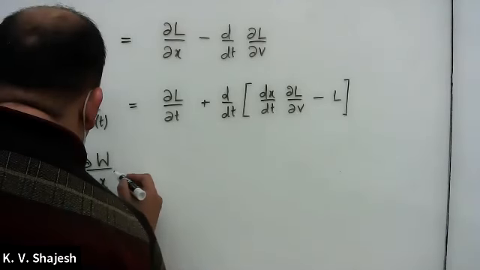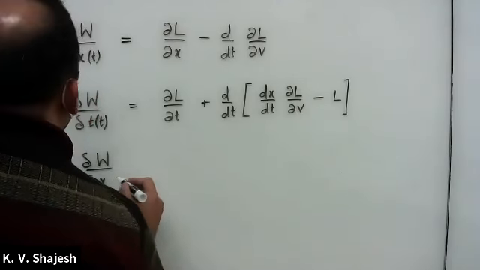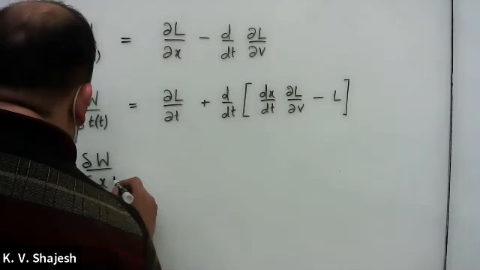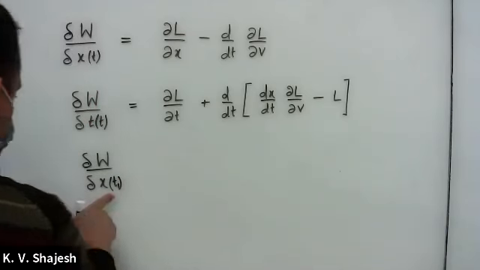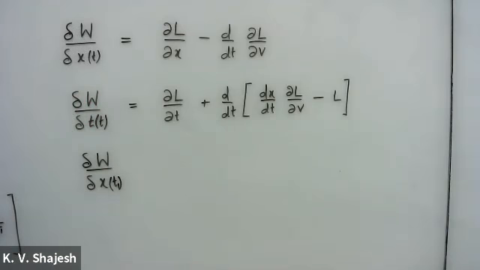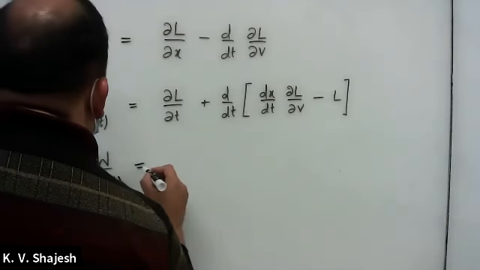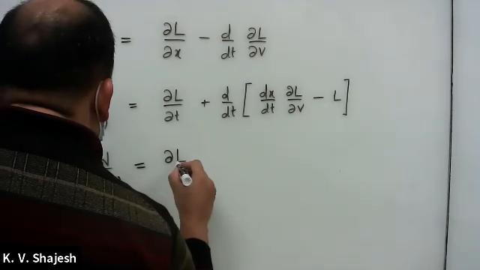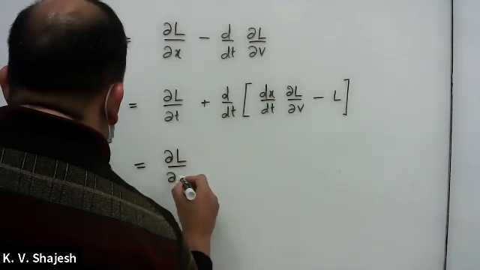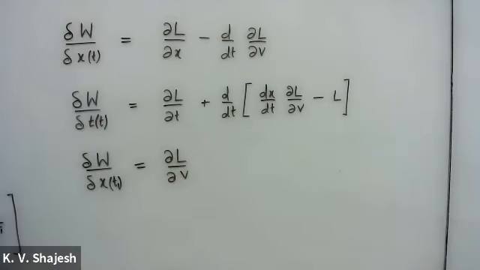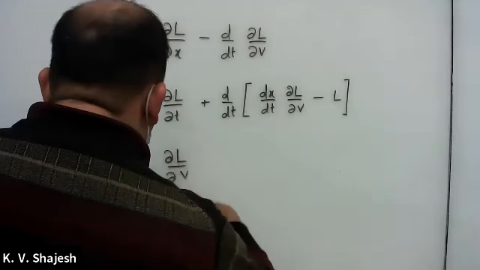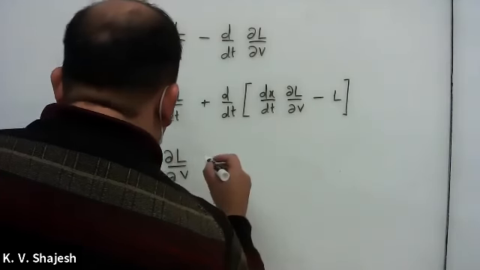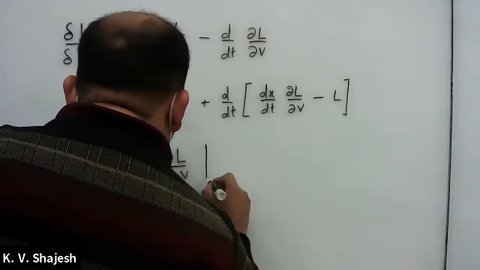Let me call that T1 or T2. Let me say this is T1, and this is applicable for T2 also. That's equal to ∂L/∂v, maybe I should say evaluated at the boundary.